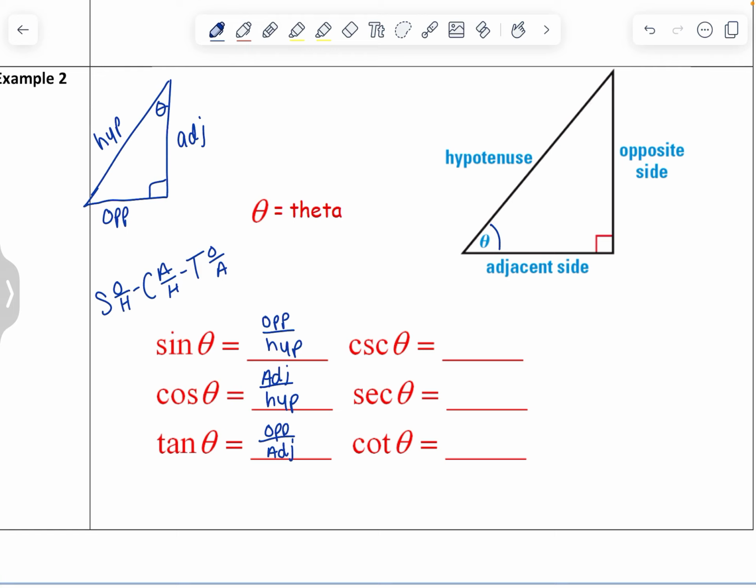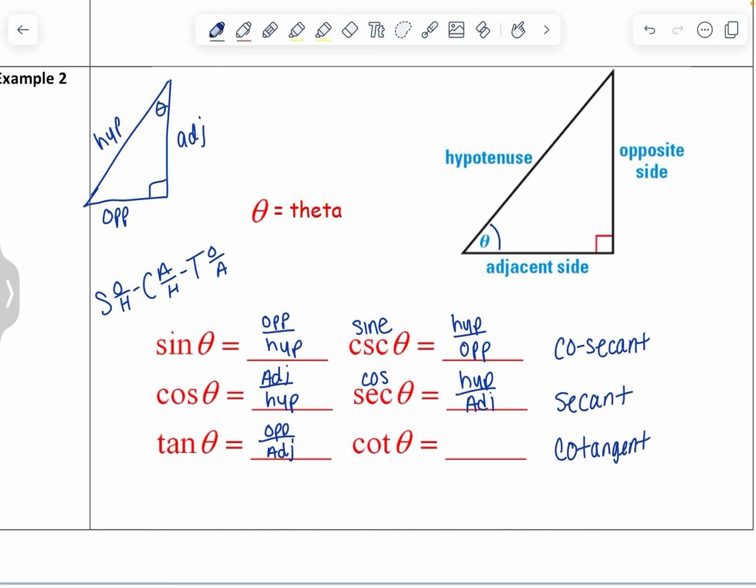Cosecant, abbreviated CSC, goes with sine, so it's the reciprocal of sine: hypotenuse over opposite. Secant, abbreviated SEC, goes with cosine, so it is the reciprocal: hypotenuse over adjacent. COT is the abbreviation for cotangent, the reciprocal of tangent, so it's the adjacent side over the opposite side. Take a second, make sure you get those down correctly.